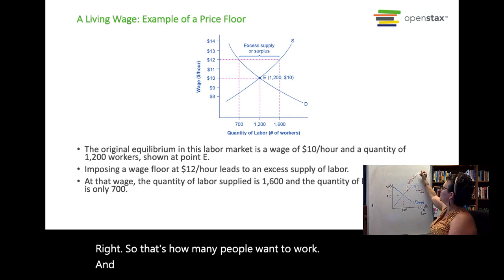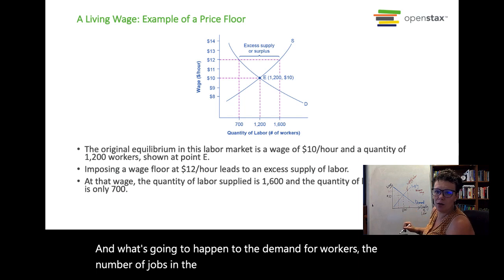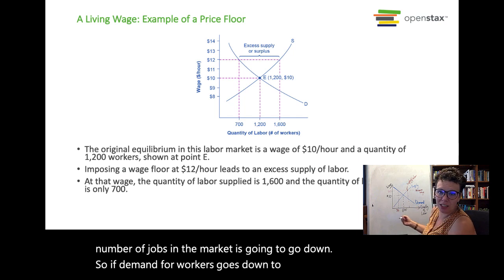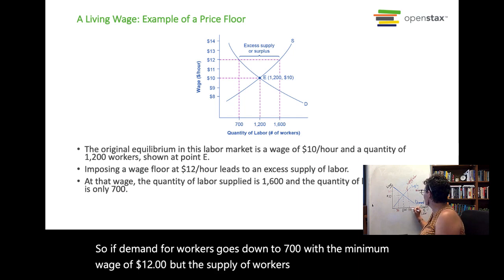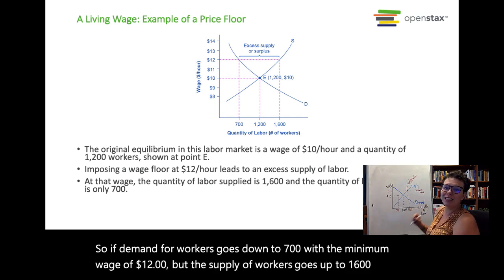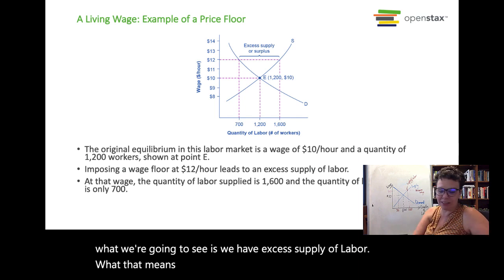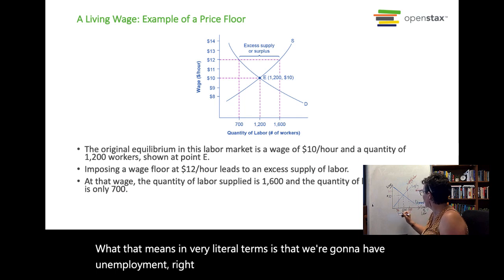And what's going to happen to the demand for workers? The number of jobs in the market is going to go down. So if demand for workers goes down to 700 with the minimum wage of $12, but the supply of workers goes up to 1,600, then what we're going to see is we have excess supply of labor. What that means in very literal terms is that we're going to have unemployment, right? We're going to have 900 unemployed people.